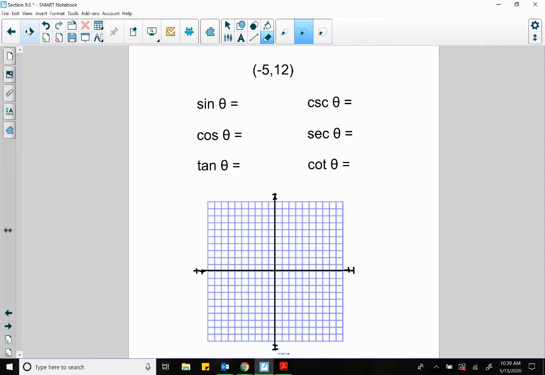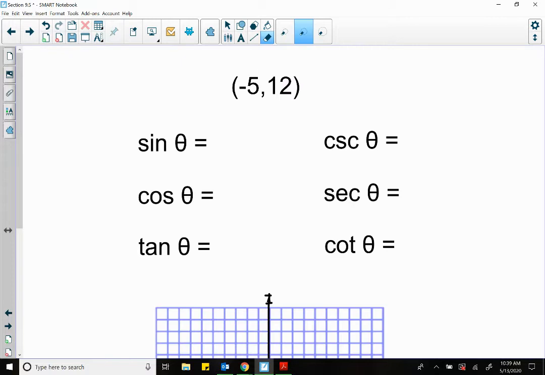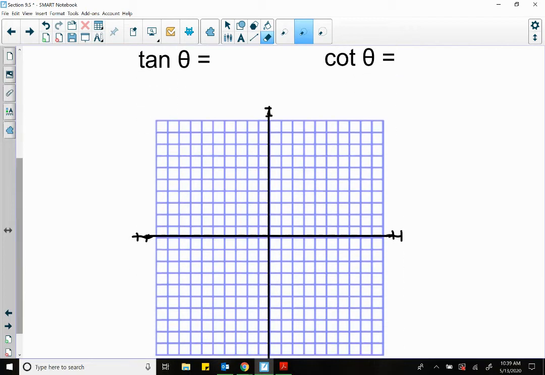All right, so let's come in here. And the first thing we need to do is we need to find r, okay? So we have r equals the square root of x squared plus y squared, okay? So you need to plug into this little formula right there. All right.